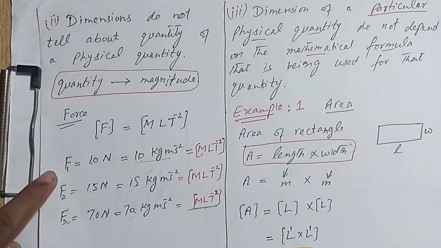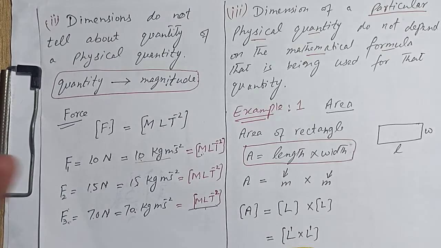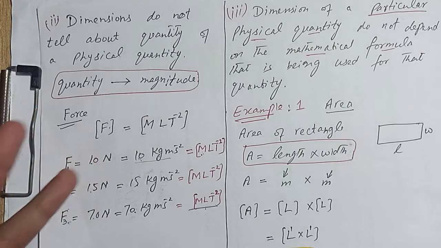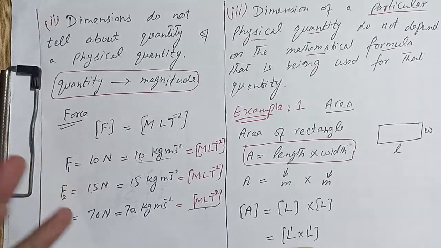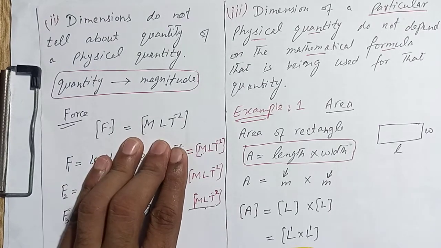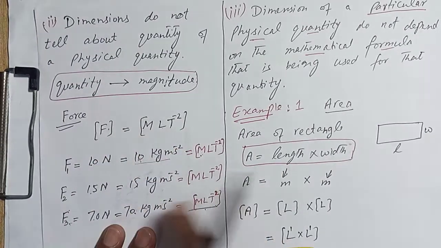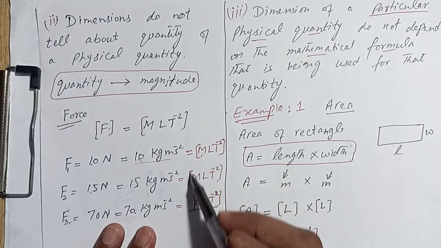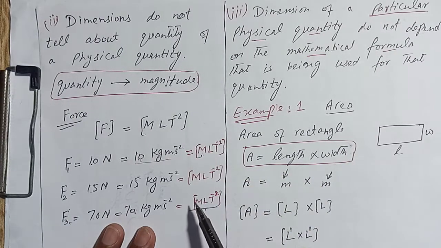So these are three different forces having different magnitudes, 10 newtons, 15 and 70. But when we see the dimension of F1, F2, F3, all these three forces have the same dimensional formula.